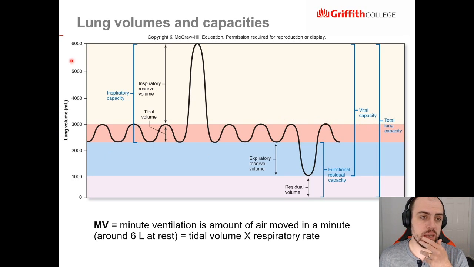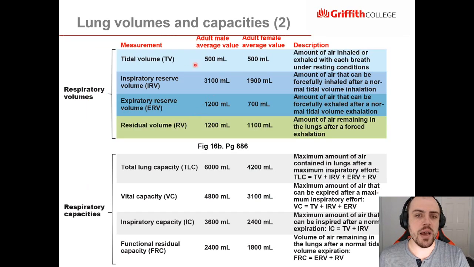It will be different for me, especially in terms of lung volume. So please just keep that in mind, guys. This slide is just a good breakdown of the measurements and descriptions, and in terms of volume, I would only expect you to know tidal volume.